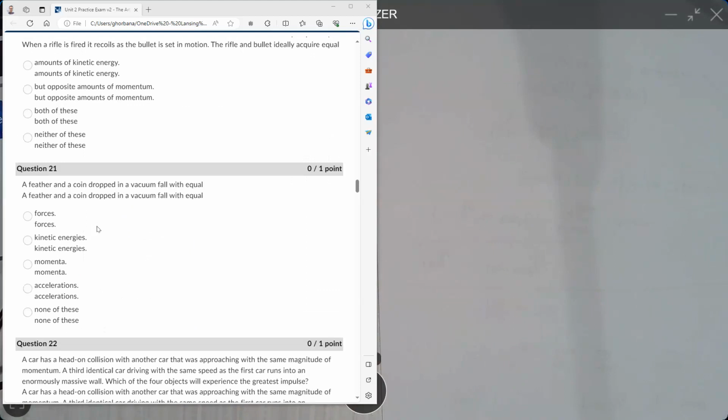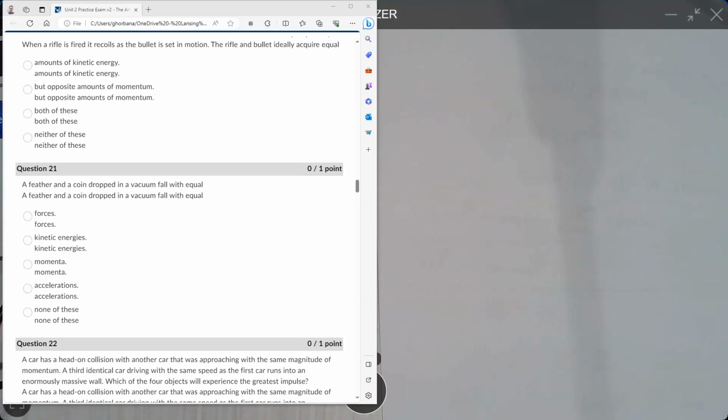21. A feather and coin dropped in a vacuum fall with equal... What is going to be the answer here? They reach the ground at the same time, with the same velocity. Good. So same time, same velocity means the same acceleration.